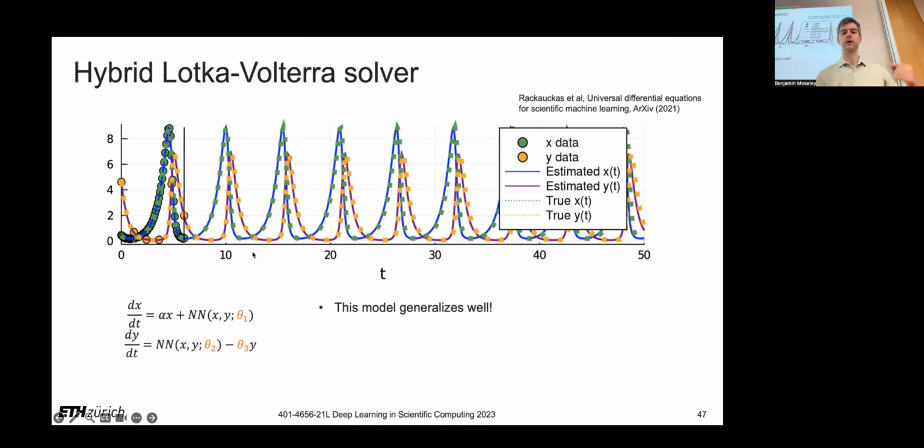But then we run the hybrid solver over many more time steps when we're just evaluating it. We're not going to train it any longer. What you see is that this model generalizes really well, and it predicts the cyclic dynamics for basically an arbitrary number of cycles. Like it's nailed the model.